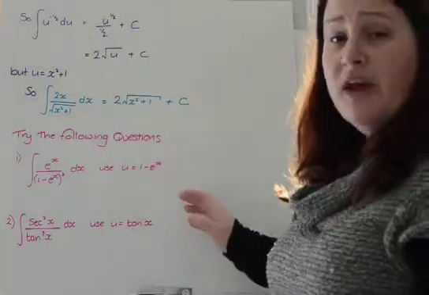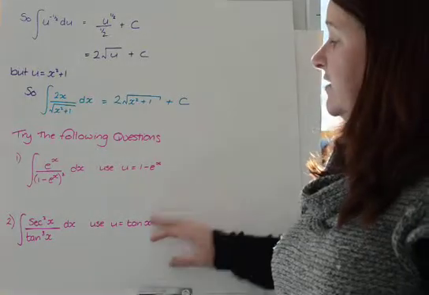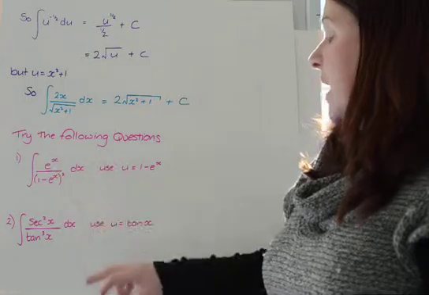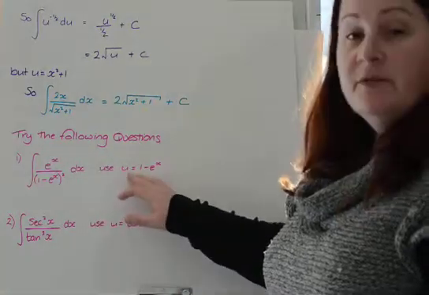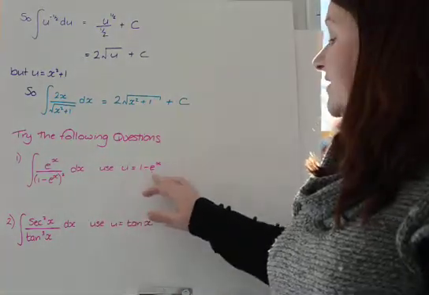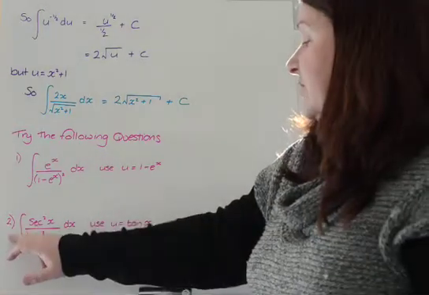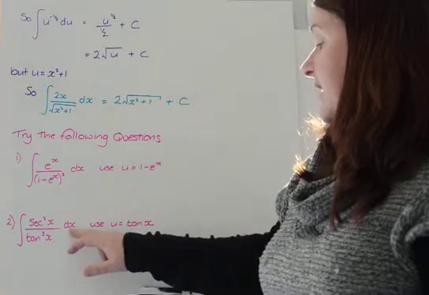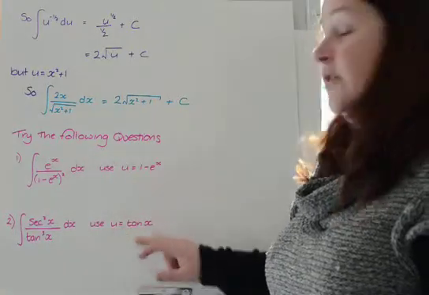Okay, what I'd like you to do now is try these following questions. So we have the integral of e to the x over 1 minus e to the x all squared, and use the substitution u equals 1 minus e to the x. And question 2 is the integral of sec squared x over tan cubed x dx, using the substitution u equals tan x.